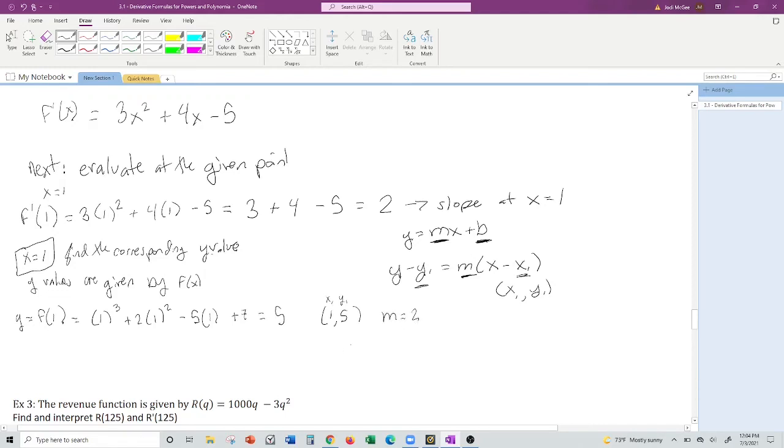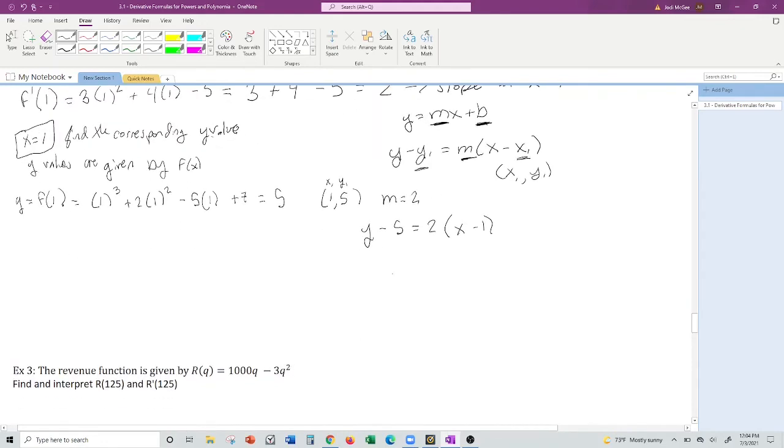So the equation of the tangent line is going to be y minus 5 is equal to 2 times x minus 1. And if I can give myself a little more space, we can simplify this. Let's see, where's my pen? Here it is. We can distribute the 2 on the right-hand side, so we have y minus 5 is equal to 2x minus 2.